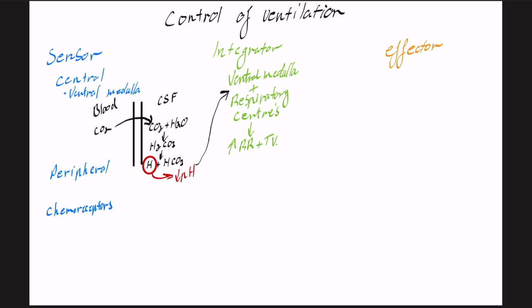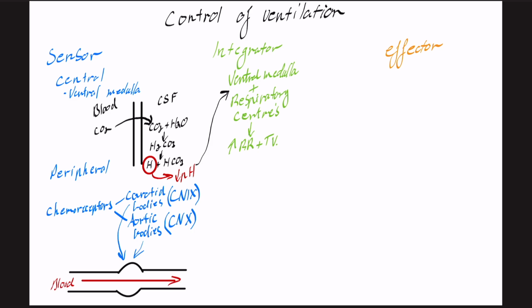Then you have peripheral chemoreceptors, and these are in the carotid bodies and the aortic bodies. The carotid bodies are innervated by cranial nerve 9, which is glossopharyngeal, while the aortic bodies are innervated by cranial nerve 10, which is the vagus nerve. The peripheral chemoreceptors, through type 1 glomus cells, are responsive to decreased partial pressure of oxygen, which, it's important to note, is not the content of oxygen that stimulates it.